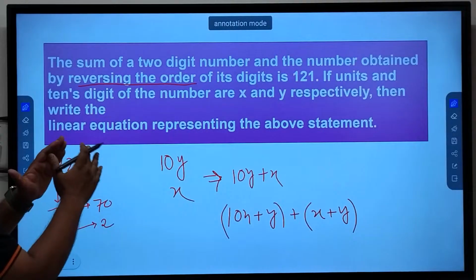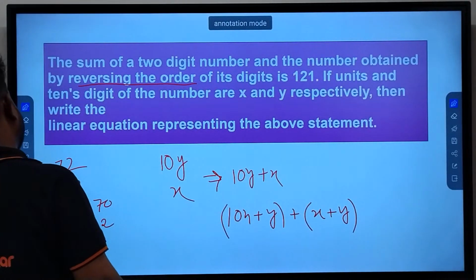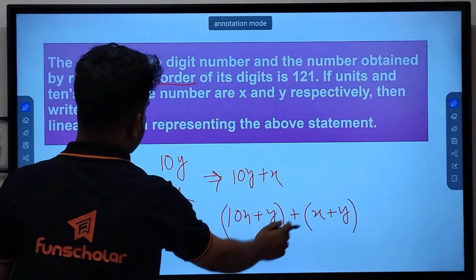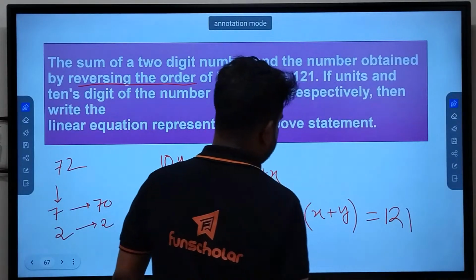And the sum of the digits, x and y, like 7 and 2 for this one, and x and y for this one, their sum will be 121.